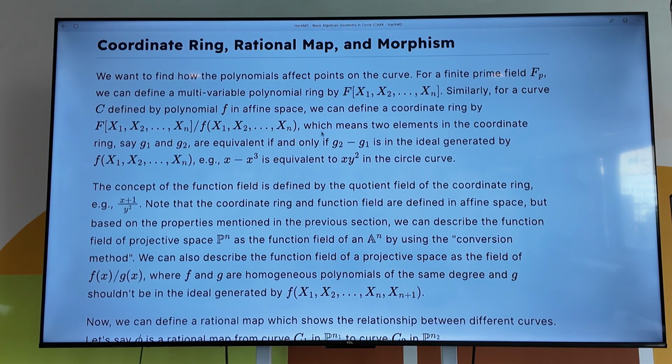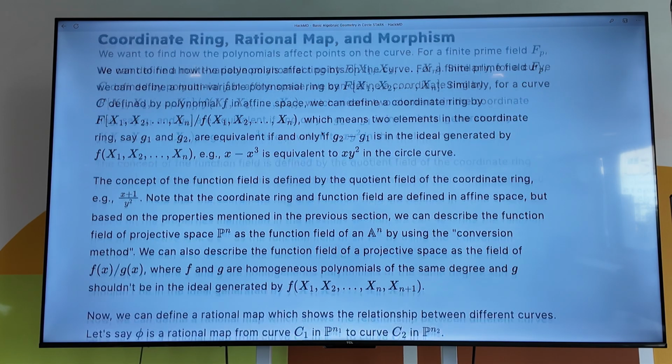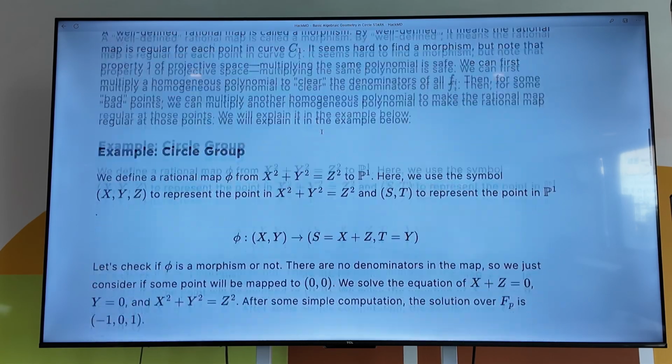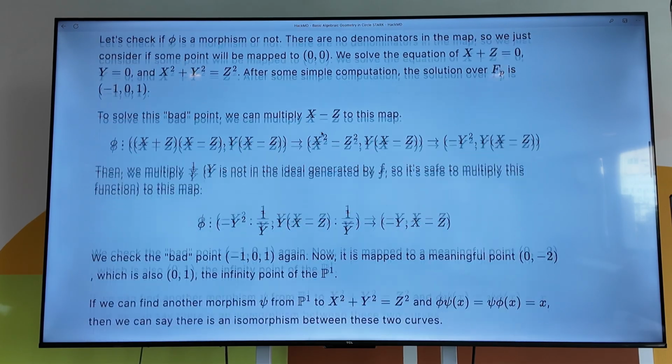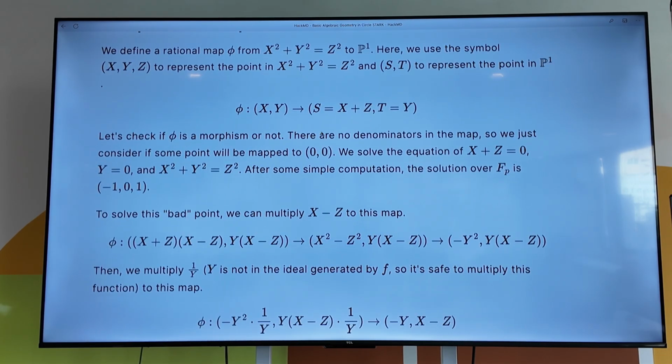The morphism is a rational map, but we can directly show some cases and skip these concepts.